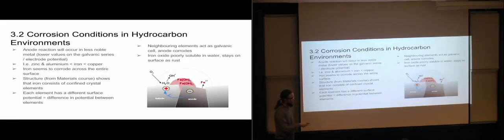And iron oxide, which is what creates the rusty color, is very poorly soluble in water, so it's going to stay on the surface as rust. But this also means that the more rust we get, the thicker a coating of iron oxide we also get. So the more rust we have on top of the surface, the slower this process is going to go, because it has less direct contact with the water.